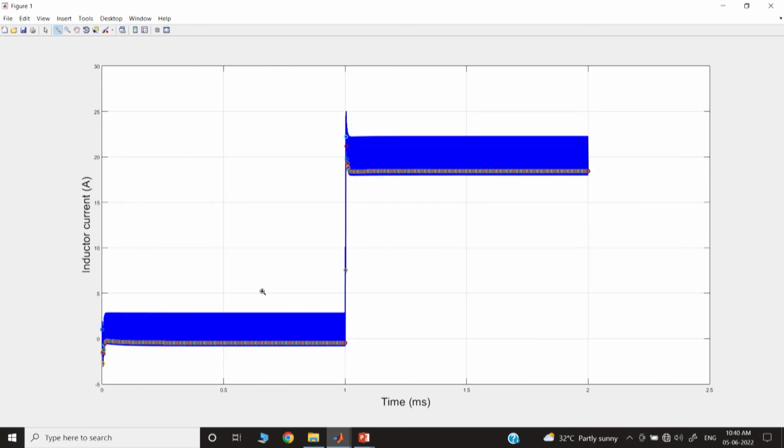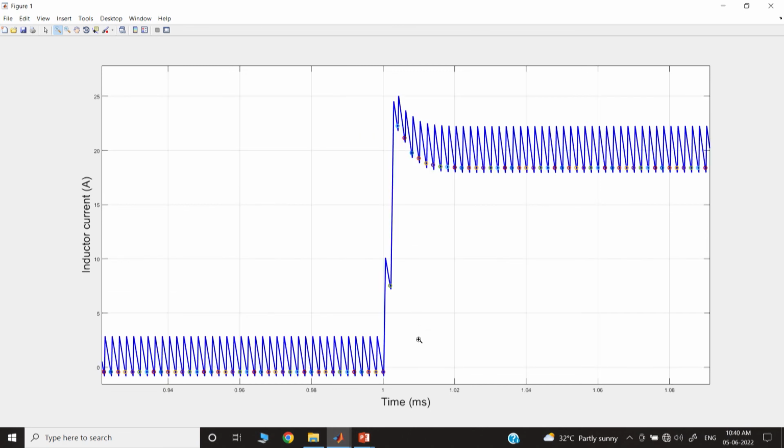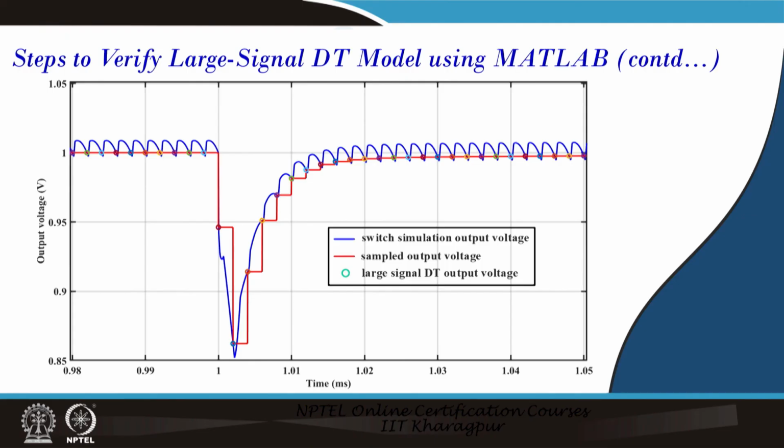Yes, so the inductor current is matching perfectly. That means, what we can say from our investigation is that the matching is perfectly happening.